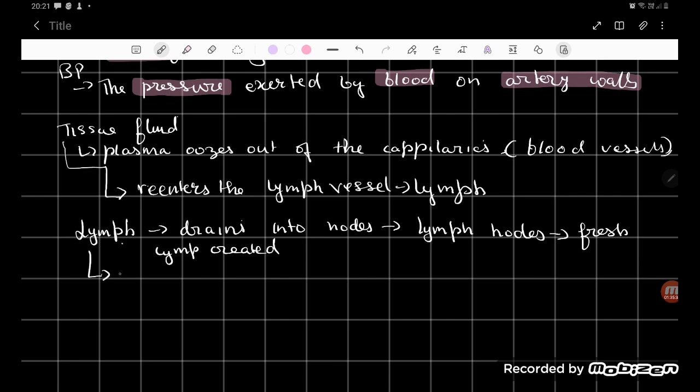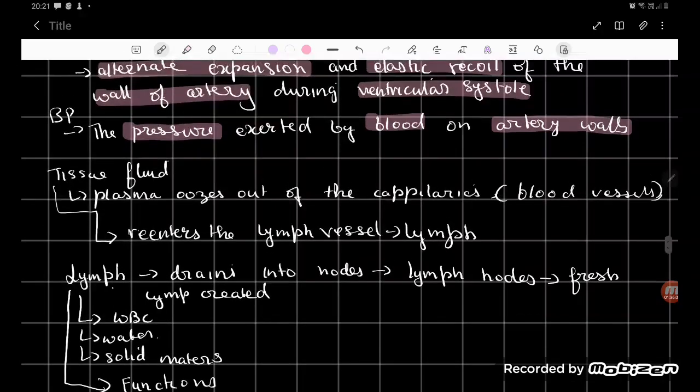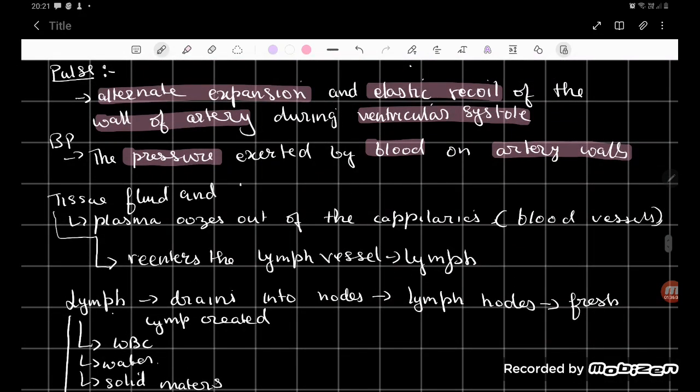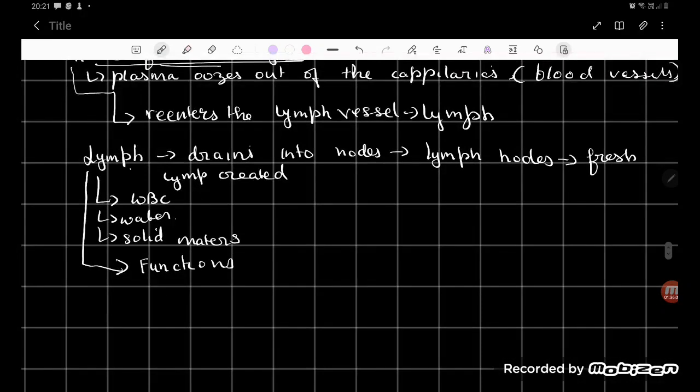Now, lymph is composed of WBCs, water, and some other solid matters. Technically, in solid matters, I mean proteins and fats. And its functions. Yay! Functions of lymph. What are its functions?